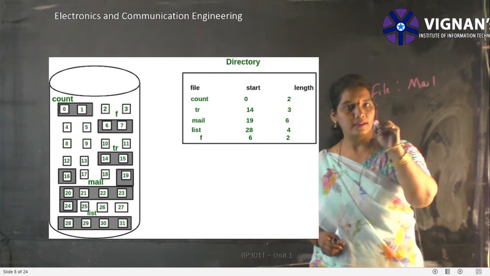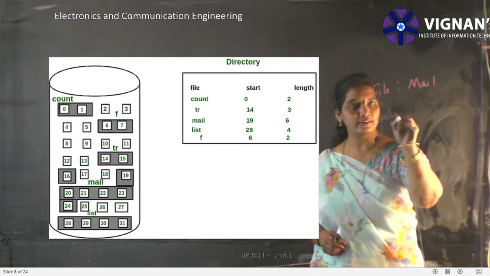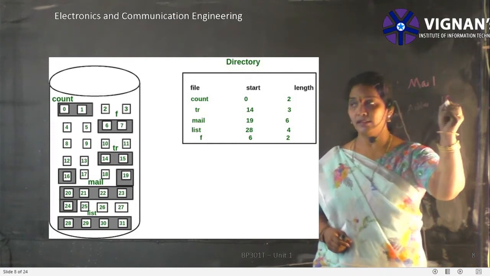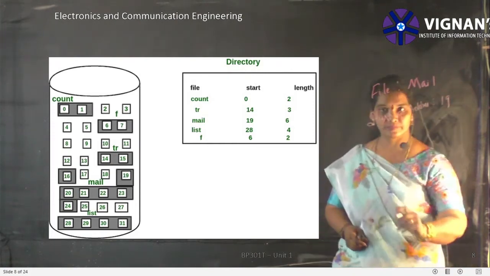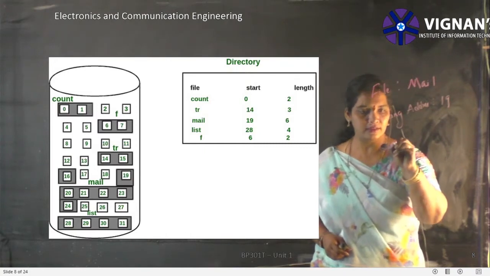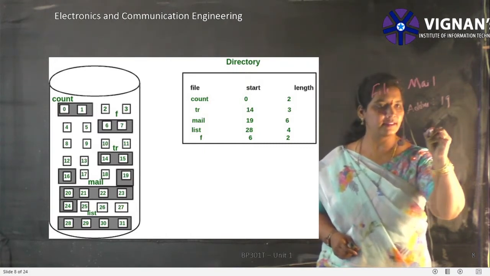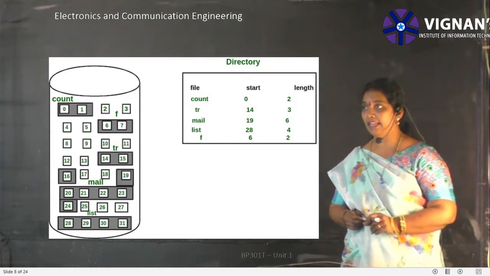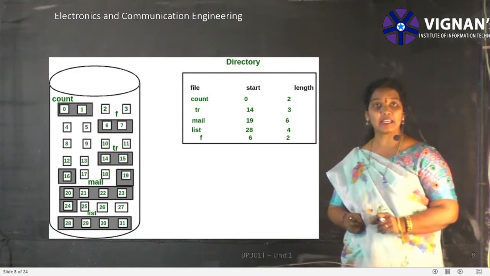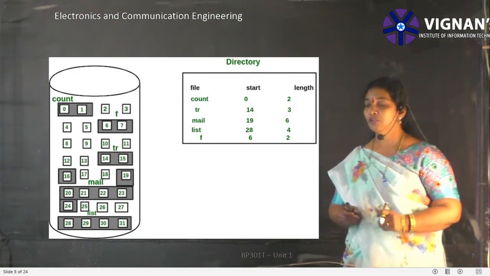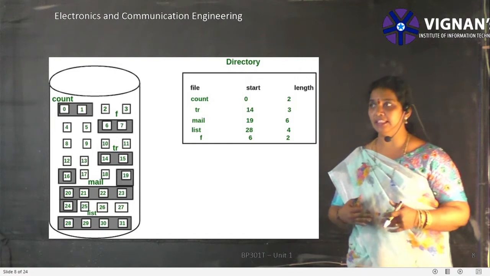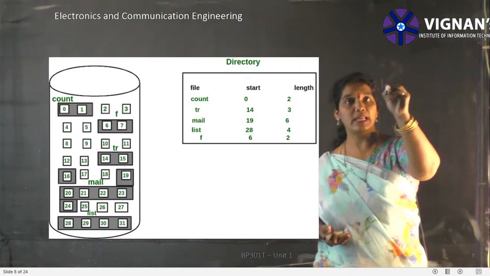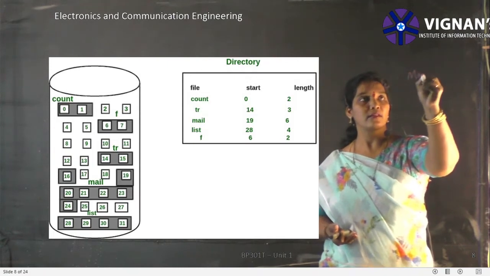So in this example we see a file named mail where the starting address is 19 and the length is 6. So we see an example of continuous allocation.